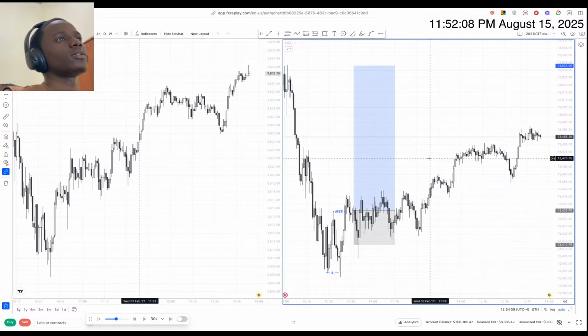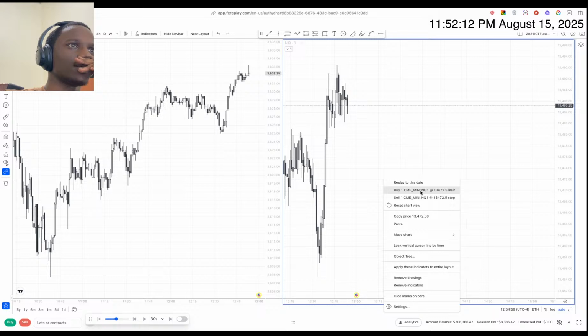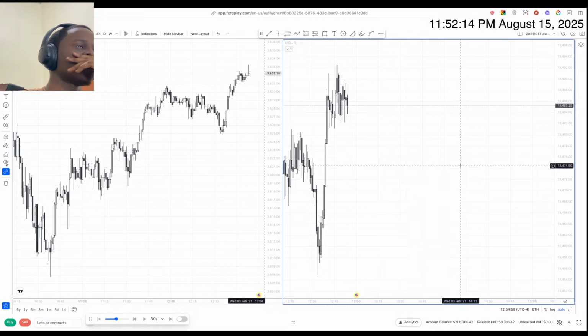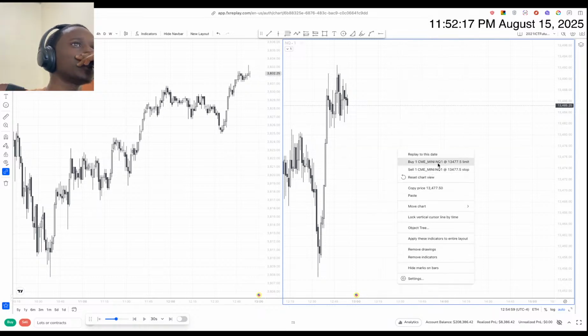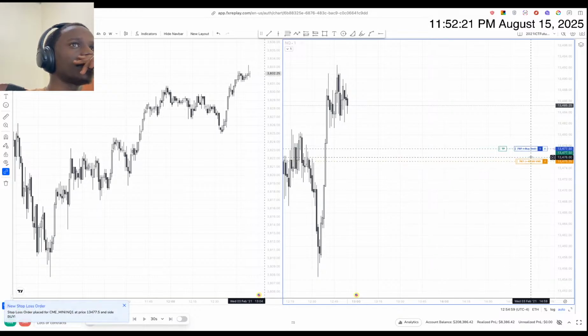This is nice. Which means I can place limit orders by just doing this. This is real nice. So if I do this, place my order there, and my stop loss, I can do it like that. Very nice.